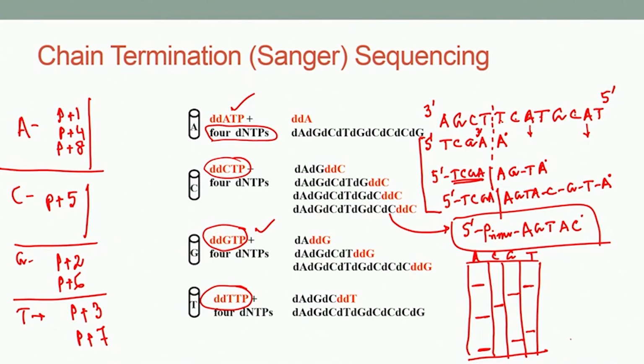What will happen first is your A, then comes the G, then comes T, then comes A, then comes your C. That way you just read it from this to that side. So, what is this?